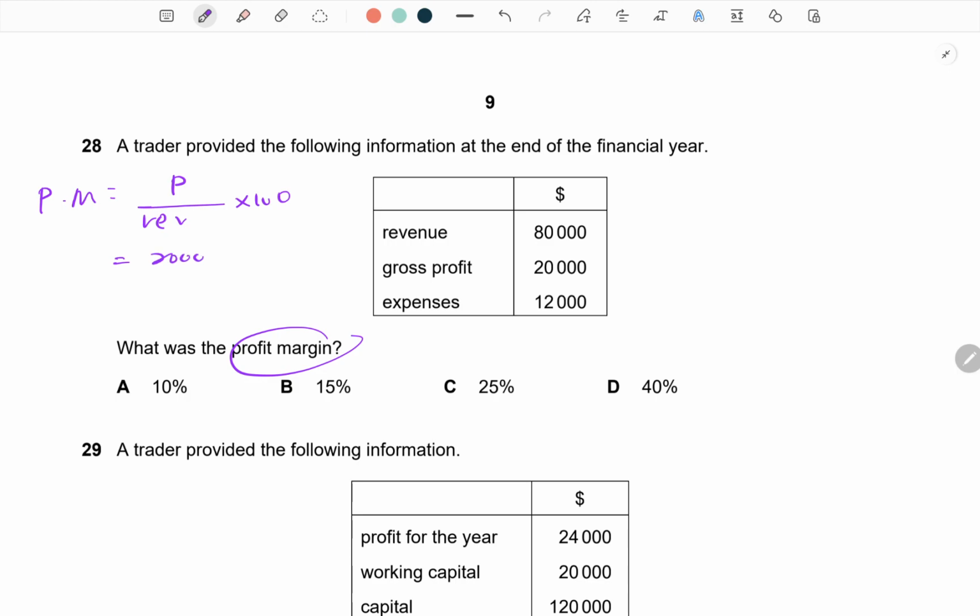So just 20,000 minus expenses 12,000 divide by revenue 80,000 multiply 100%. As simple as that. So 20,000 minus 12,000, you get profit 8,000 divide by 80,000 multiply 100%. So this one will be 10%.